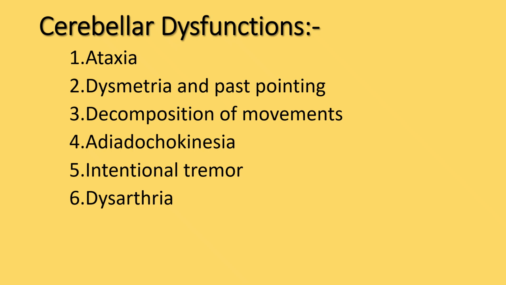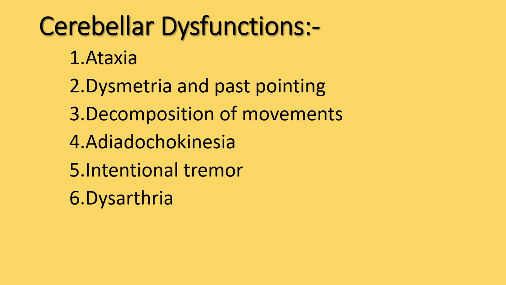Cerebellar dysfunction. Ataxia is the loss of coordination of movements. Dysmetria and past pointing: movement fails to reach the target point, or overshoots beyond the target point, that is past pointing.